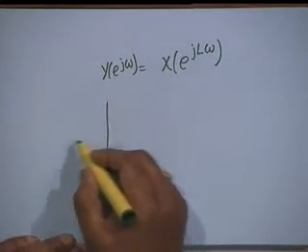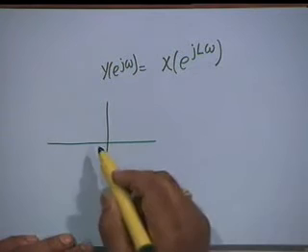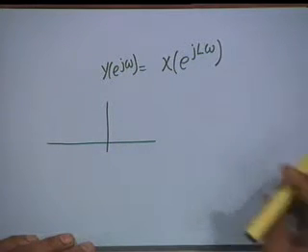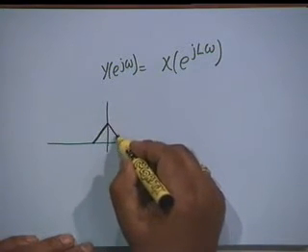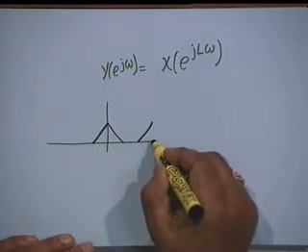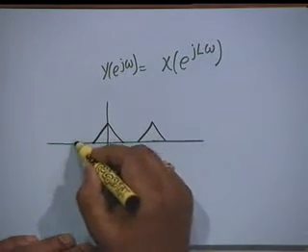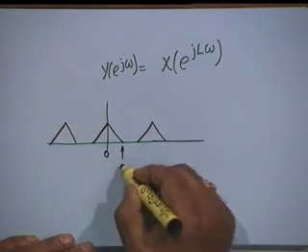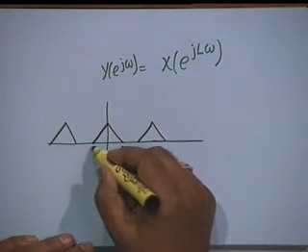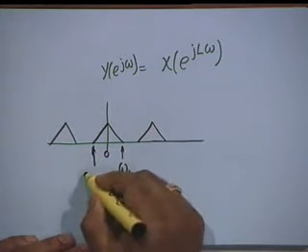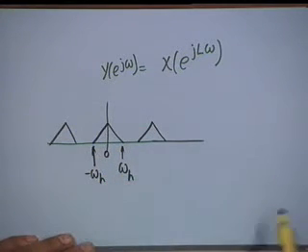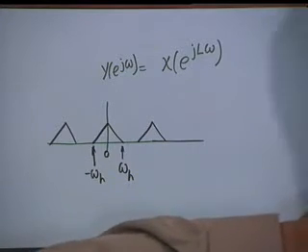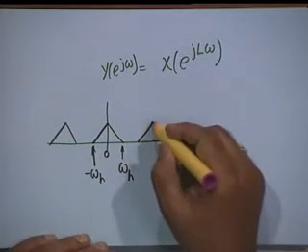Let us suppose that capital X has this spectrum. Well, it has to be repetitive. 0, let us say this is omega h, minus omega h. What would be this?